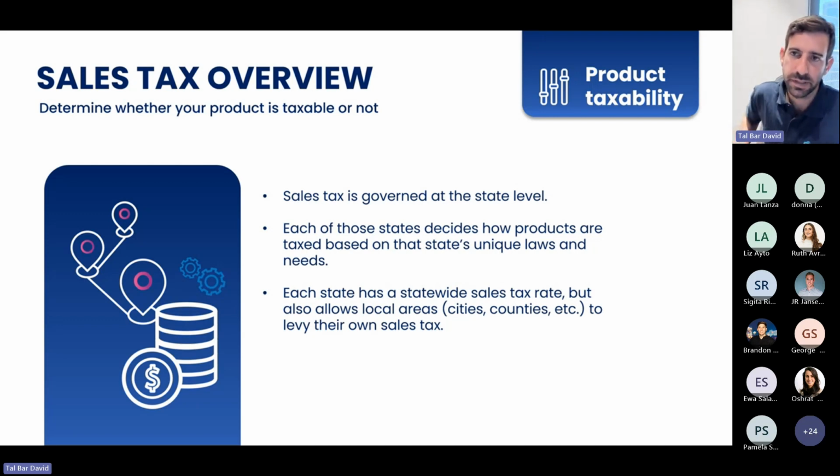Obviously, there can be some complexities where your product is not very clear about what is the right classification for sales tax purposes. For example, if you are selling a bundle that involves some setup fees and some tangible items, but also a subscription component, then there is a question: what is my product?